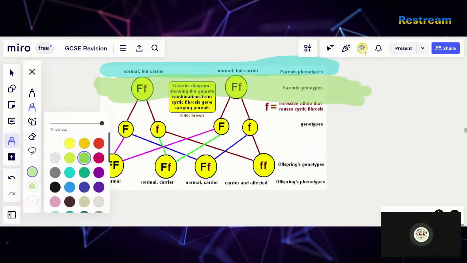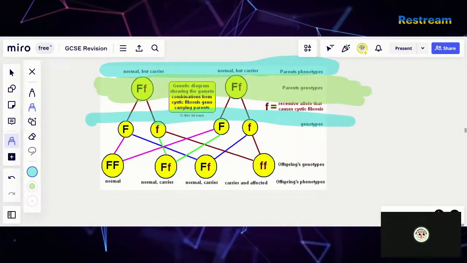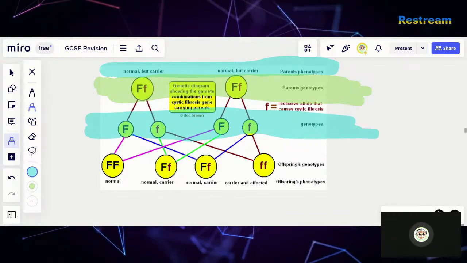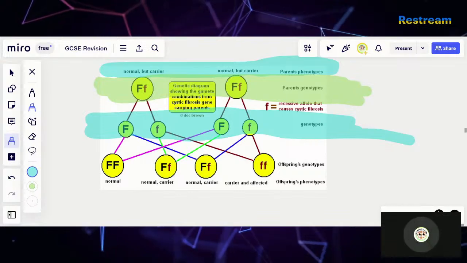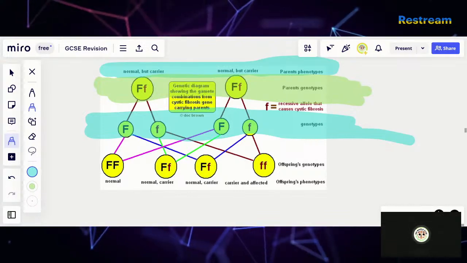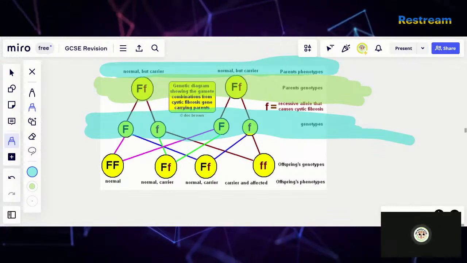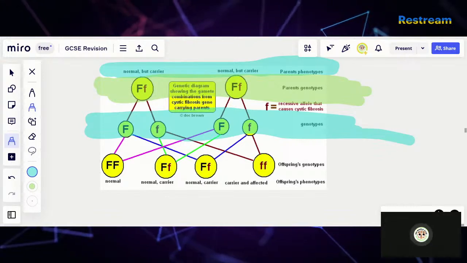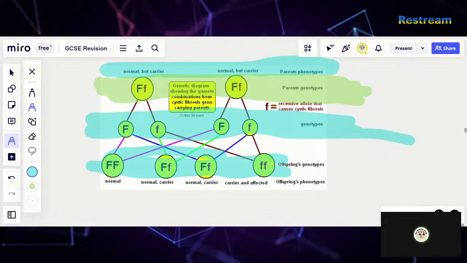Then the third line shows the gametes' genotypes. So the offspring, what do they have? You can just show all of the possible letters. You can see the two alleles that the parents can give. And then in the final line, they have created all of the possible different outcomes.